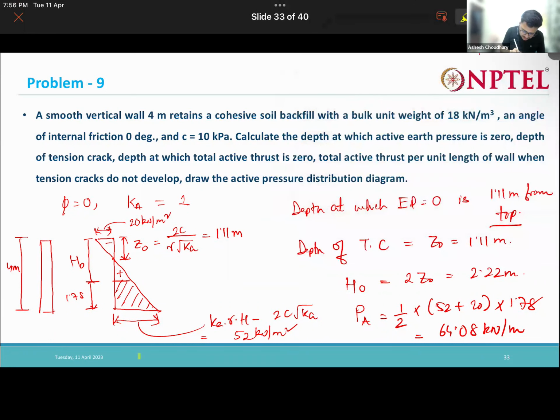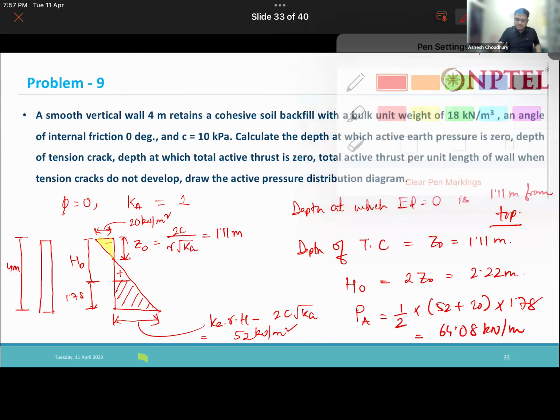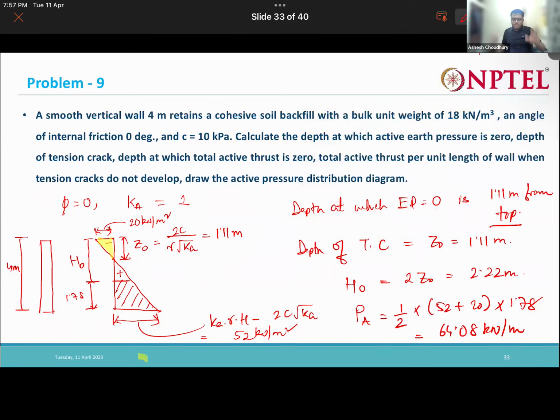In that case, this portion would not have been there, because there would be a separation between the wall and the soil crack. So this negative portion would not have caused any effect on the wall.